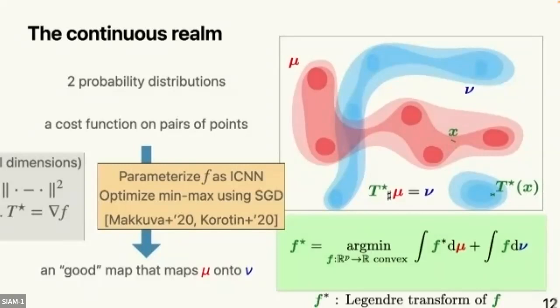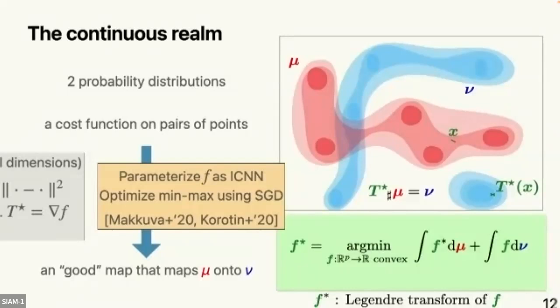The first thing I will describe is that this optimal transport problem, which you can describe in terms of maps, has a tight connection with a so-called dual optimal transport problem. So you can recover a solution T star by parameterizing it as a different function f star.